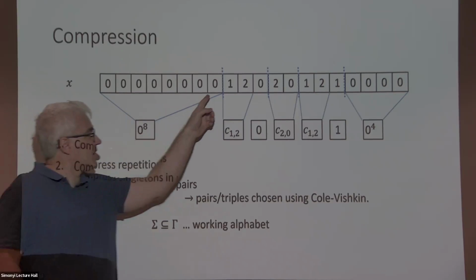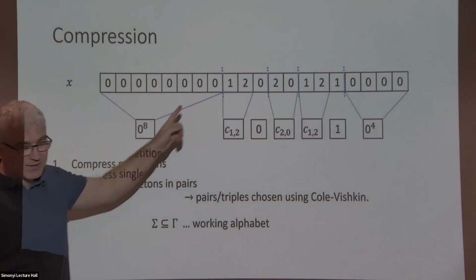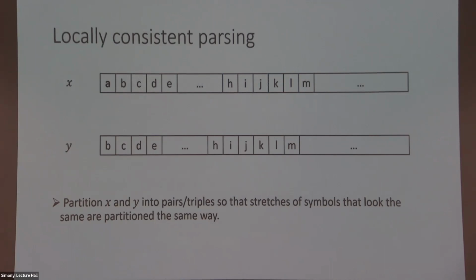One has to take care of how to break this sequence, and let me show you why that is important. Imagine that x and y just consist of singletons, so every symbol is sitting next to a symbol which is completely different. It doesn't have to be as extreme as this, but even A, B, A, B, A, B, A, B versus B, A, B, A, B, A, B would be a problem.